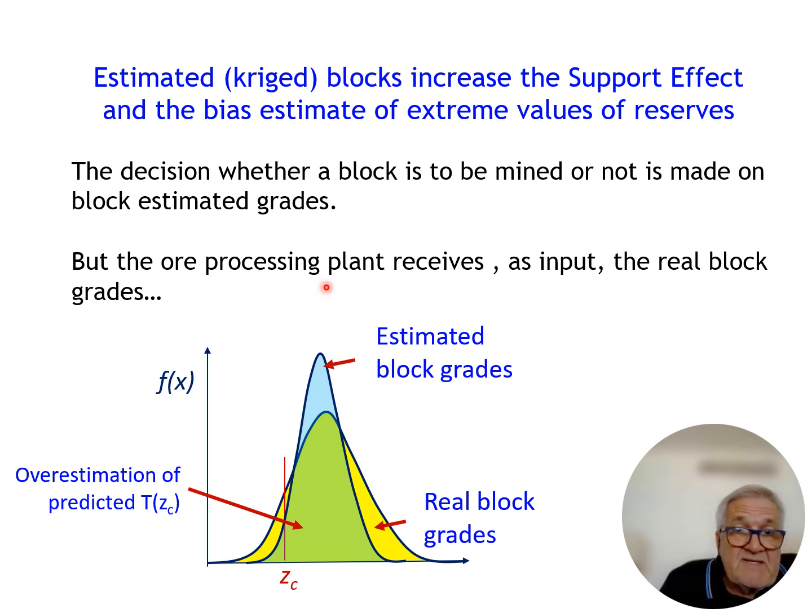But the ore processing plant receives as input the real block grades. And this is the difference between estimated block grades, with lower variance, and real block grades. We are talking about the same support, but one is estimated and the other is the real values. So that's a big difference that you see.